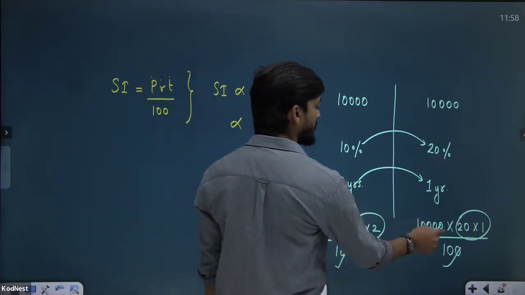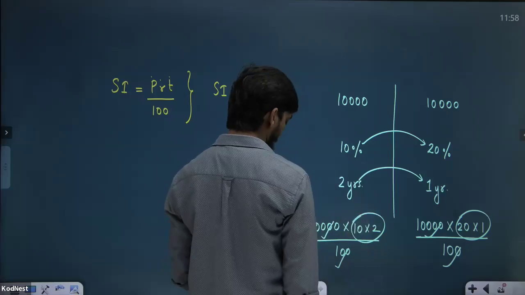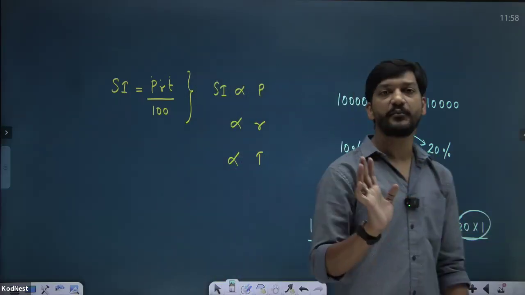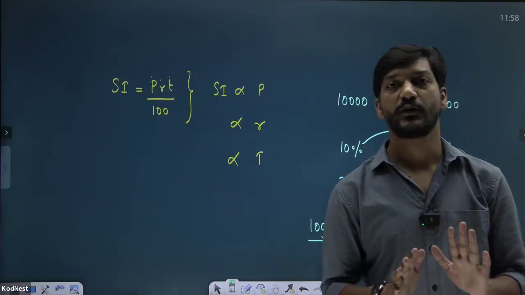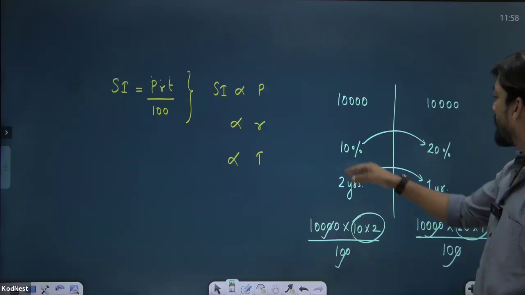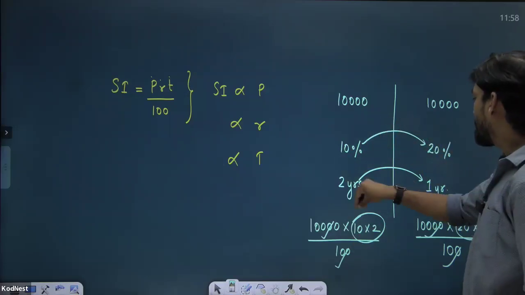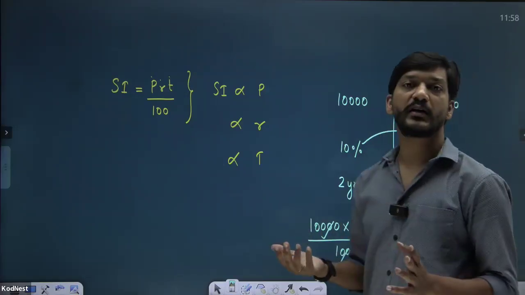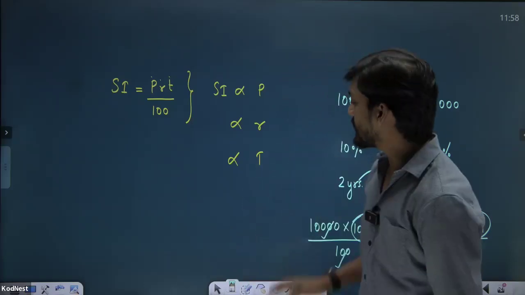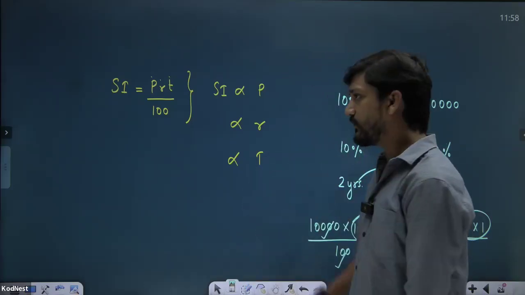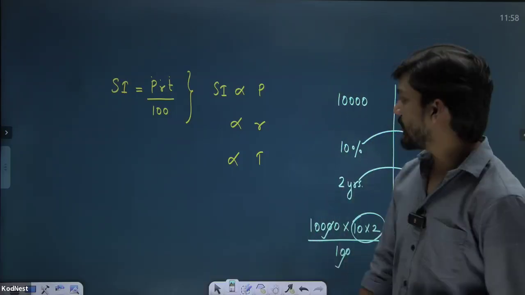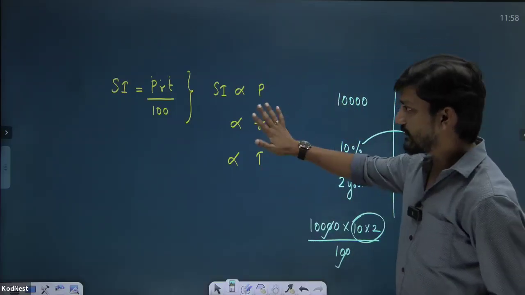Just compare. This same, this same. Compare the rest. 10 into 2, 20 into 1 is same. So that's why things will remain same. Interest will remain same. One person is getting twice the rate, but time is half, so interest will be same. But there are other ways also. This is just one idea I have given you, how we can think about proportionality.